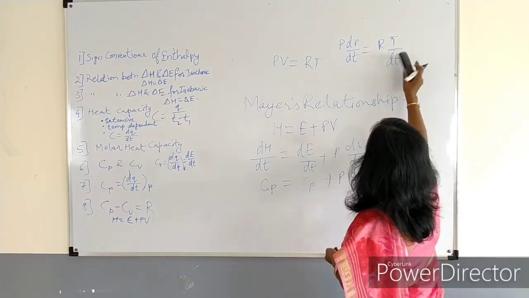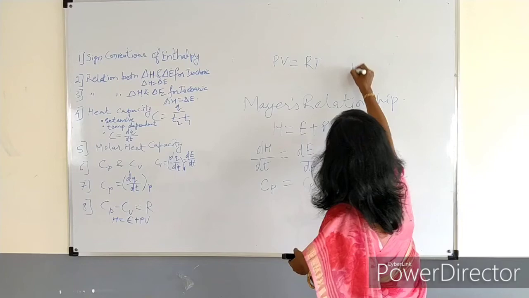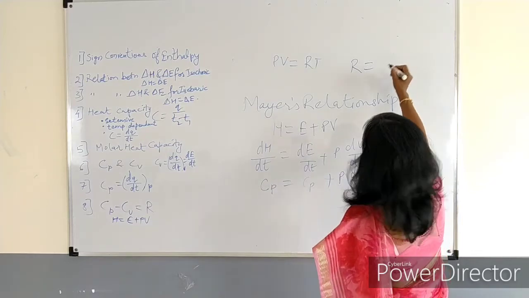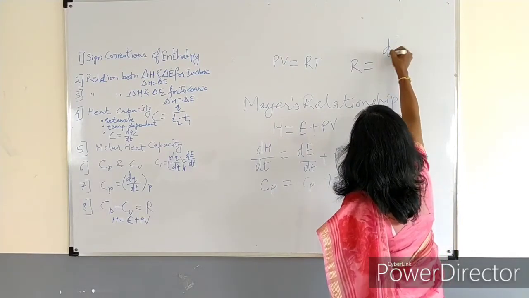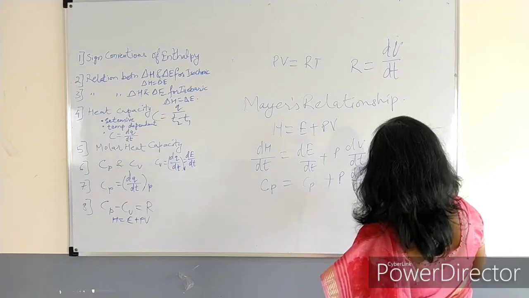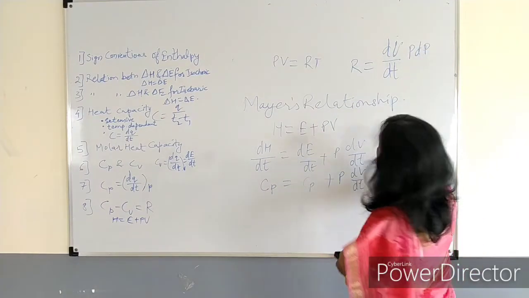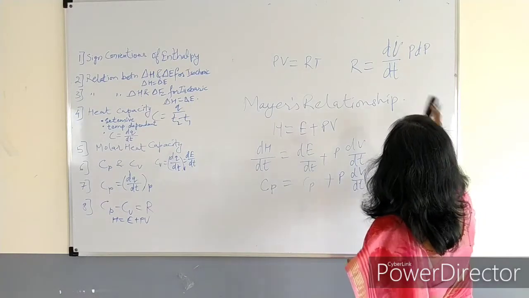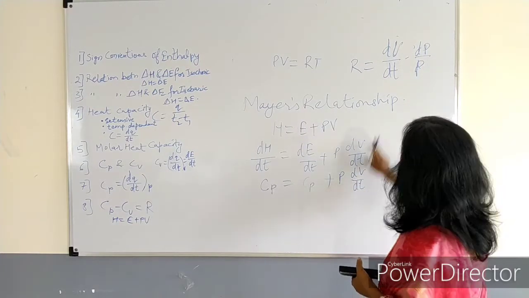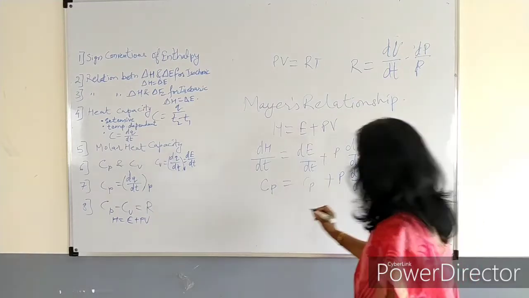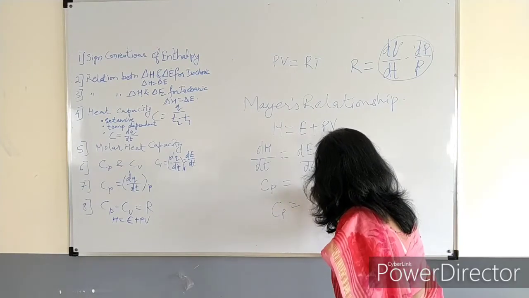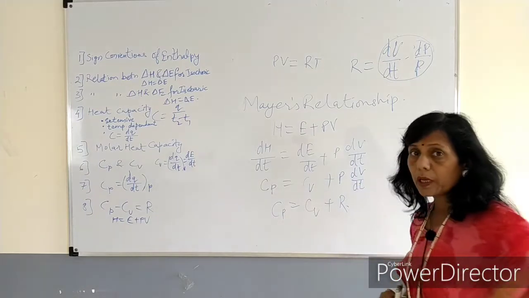Now what is R? As R is constant, we can say that P dV by dt is equal to R, so we replace that term by R, and hence Cp is equal to Cv plus R. Clear?